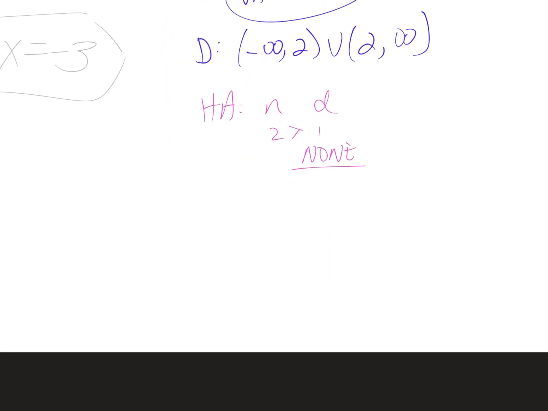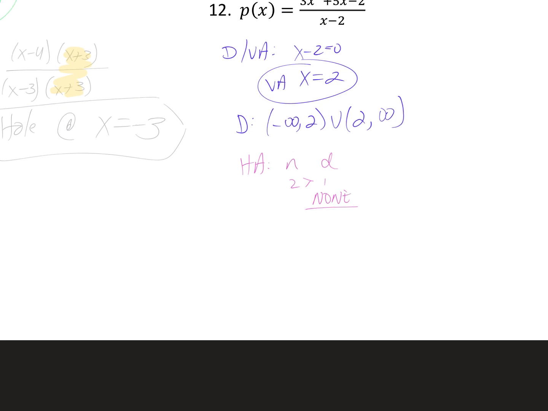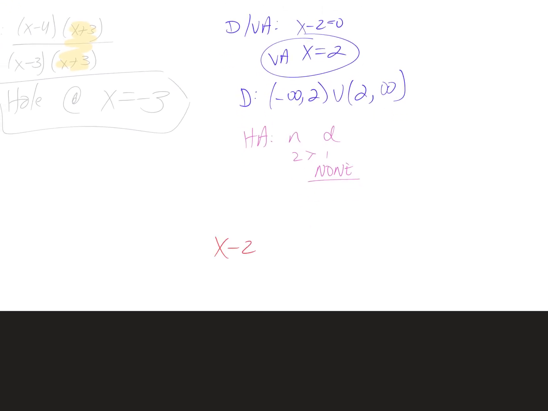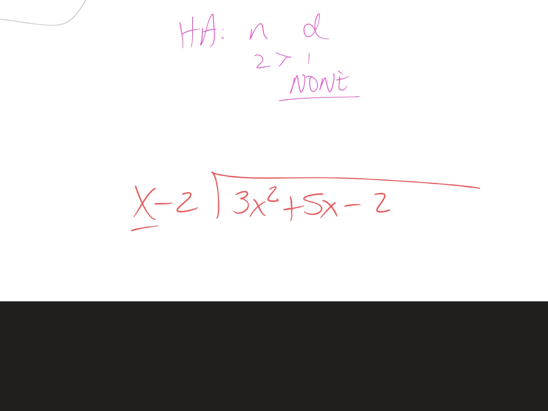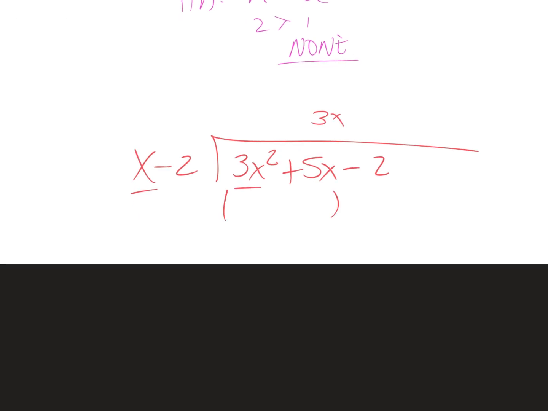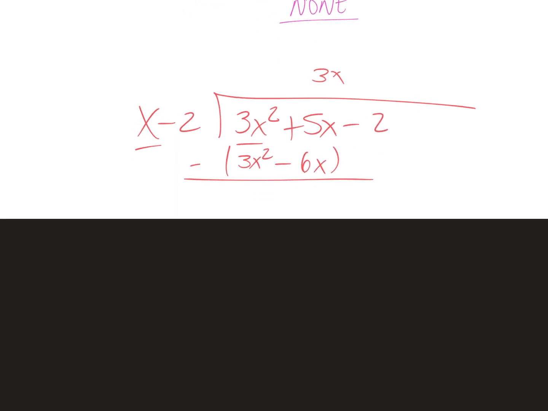So how would we find the slant asymptote? Long division. X minus 2 on the outside. And on the inside, we have 3x squared plus 5x minus 2. So x into 3x squared is 3x. Get your subtraction going. So 3x squared minus 6x.